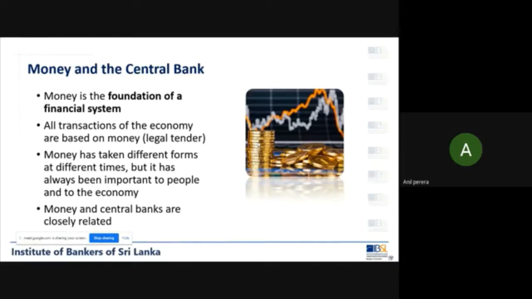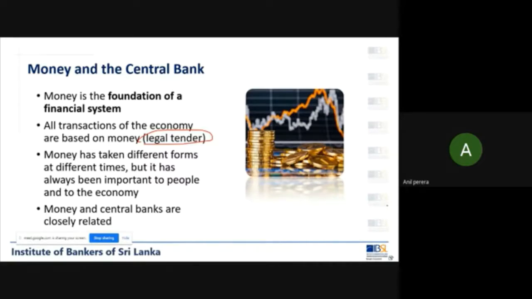So as a result, we use a term legal tender. Legal tender means accepted money. Now, money cannot be used in a society if it is not accepted. So people should accept money to be used in a society.